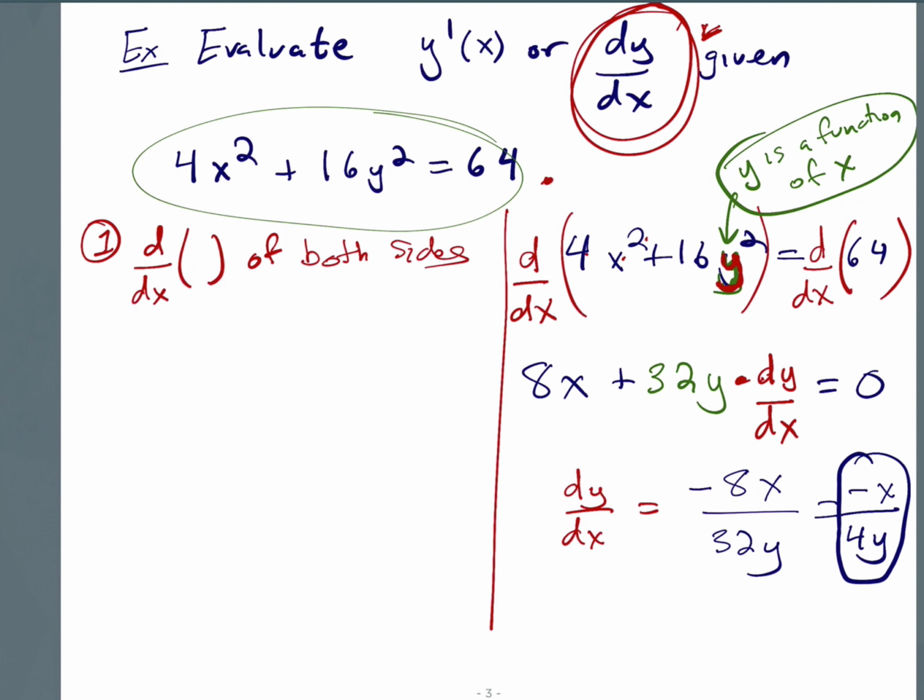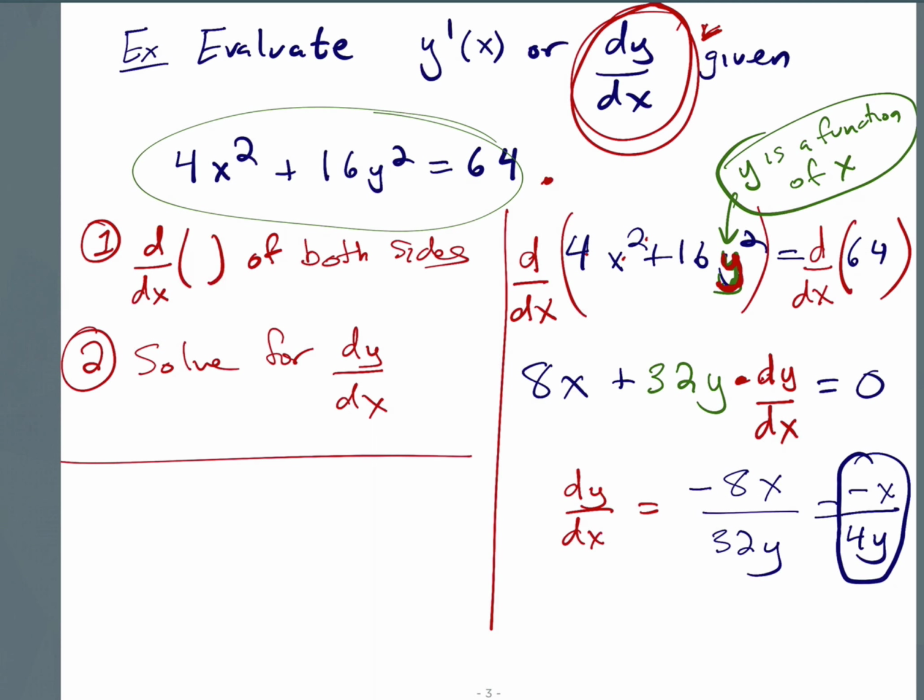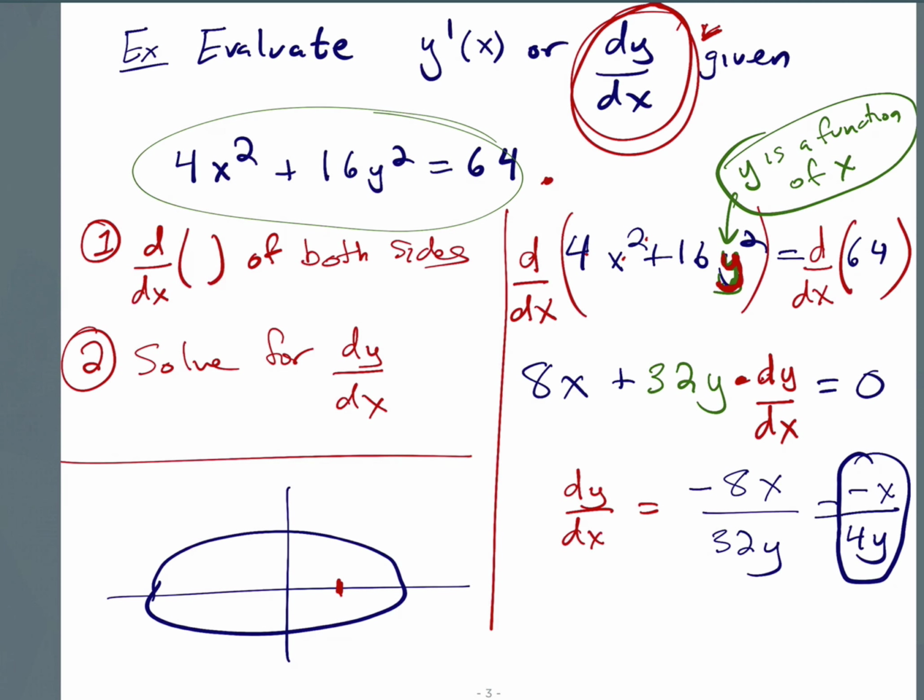Let's write down the second step, which I did but didn't write down: take the derivative of both sides and then solve for dy over dx. Now if I draw a rough sketch, this is what it looked like. This was 4, this is 2.